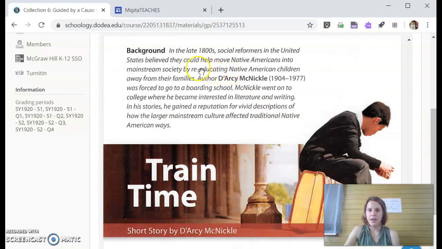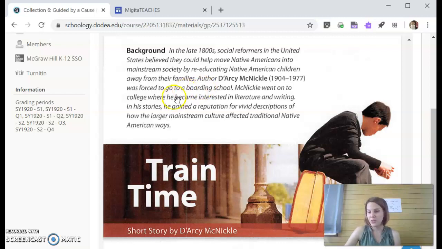So it was written in the late 1800s when trains were how you got to places. And social reformers in the United States believed that they could help Native Americans by mainstreaming them into society and re-educating them. Now, while the intent might have been good, it was actually very devastating to the Native Americans because they didn't want to live in that culture. They wanted to live in their culture.